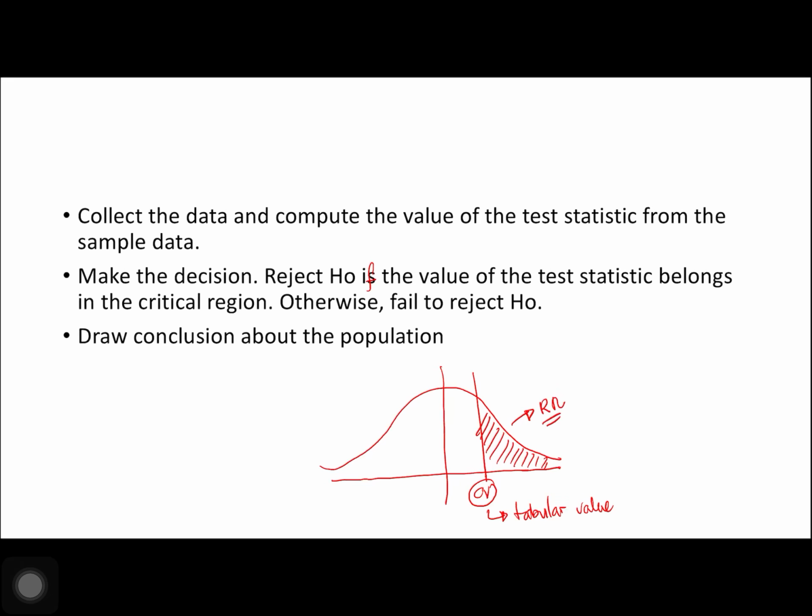If the computed value falls in this region, then we have to reject the null hypothesis. If it falls in this region, this is the non-rejection region, then we fail to reject the null hypothesis.